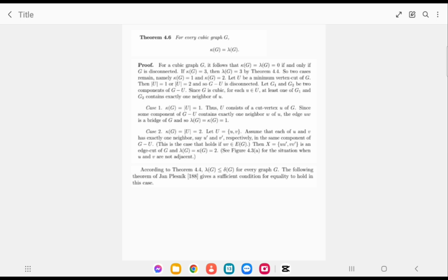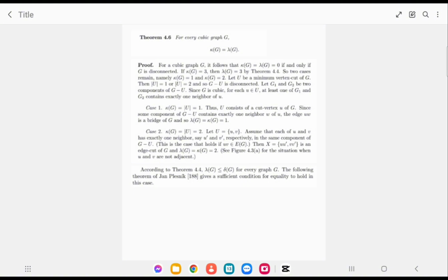So theorem 4.6: for every cubic graph G, the kappa of G is equal to lambda of G. So before we proceed, let's recall what a cubic graph is. A cubic graph, also called a trivalent graph, is a graph all of whose nodes have degree 3.